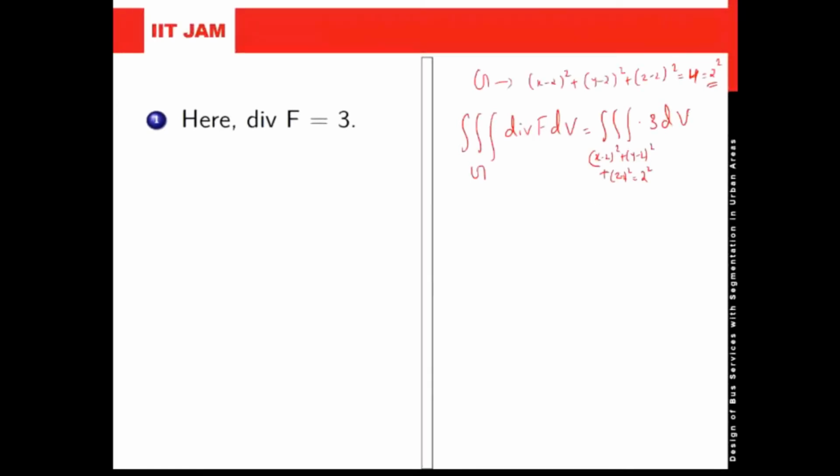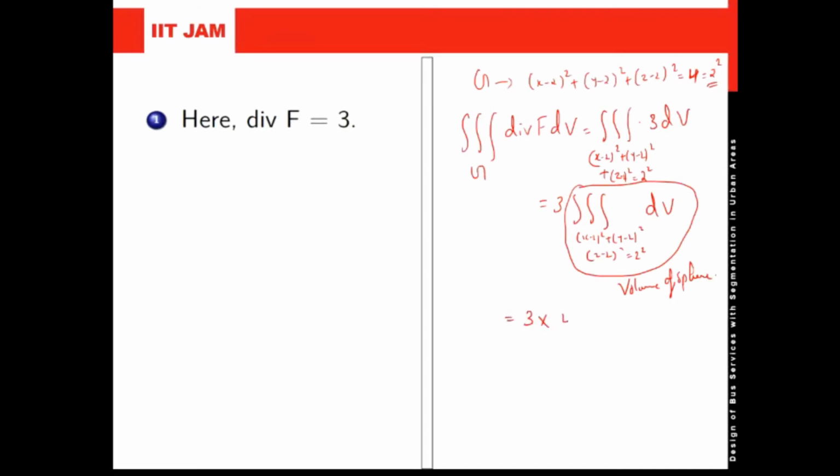So 3 is a constant. So this integral is actually the volume of the given sphere. So this is equal to 3 into the volume of the sphere. We know the formula is 4 by 3 pi r cube, and r is 2.